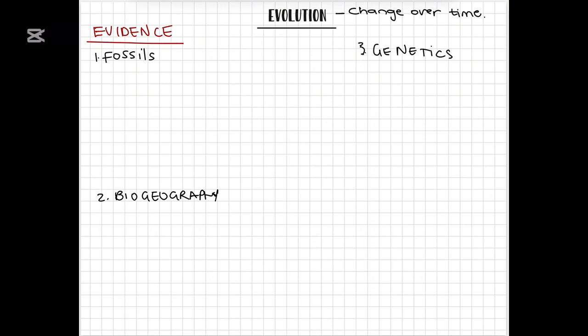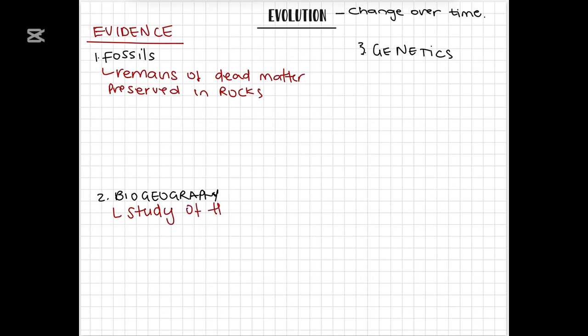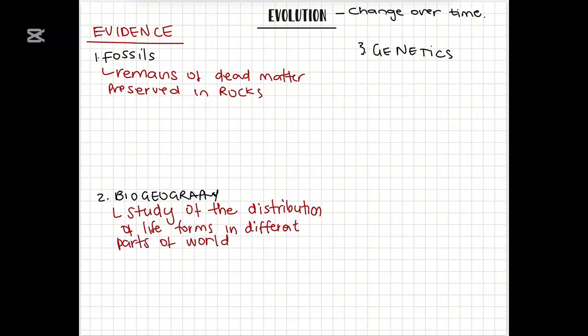Starting with fossils. Fossils are remains of dead matter that are preserved in rocks. You did that in grade 10. While biogeography is the study of the distribution of different life forms in the different parts of the world, bio means life, geography means land or the world. And by now you should know that genetics is the study of heredity.